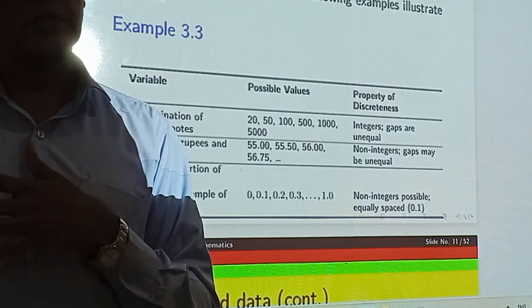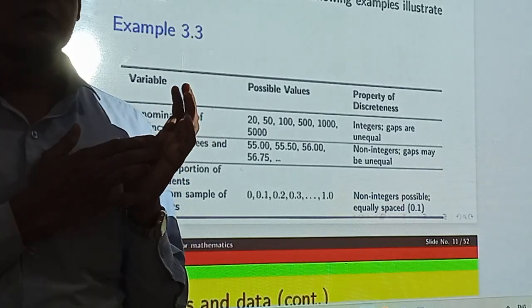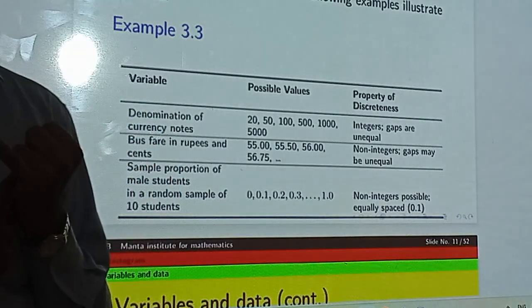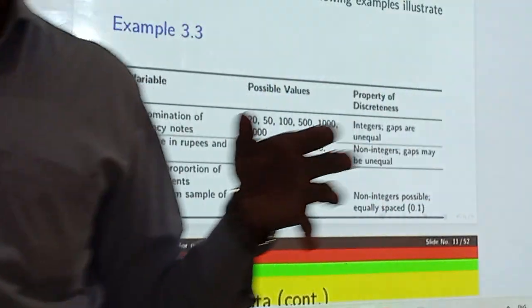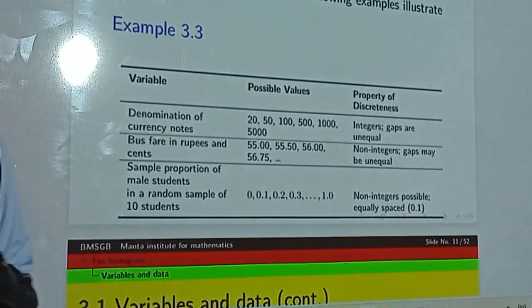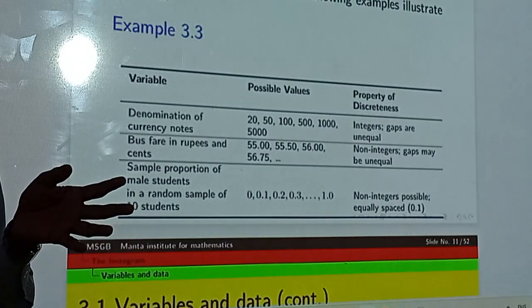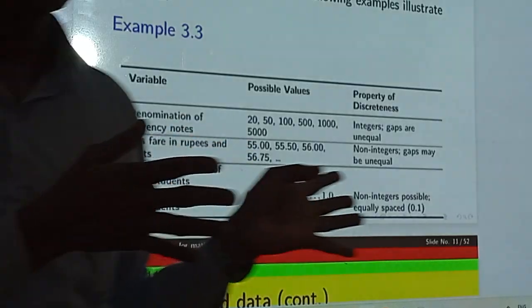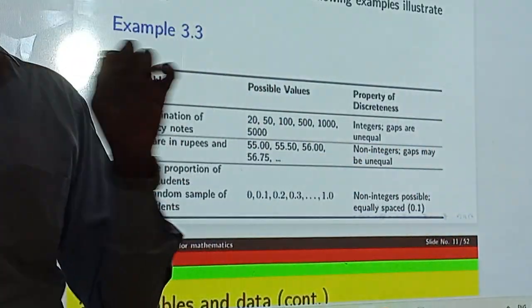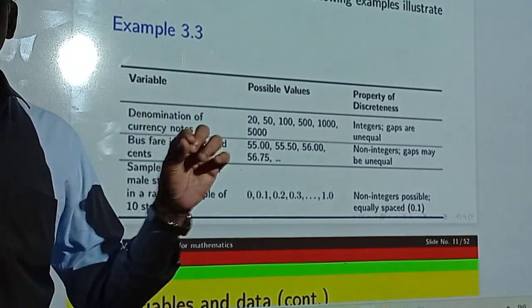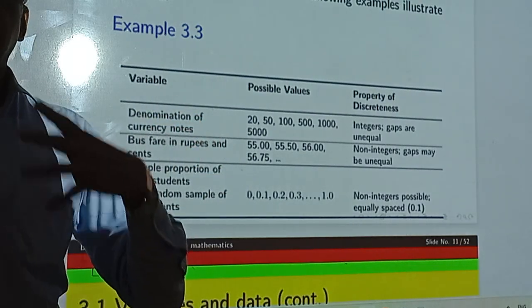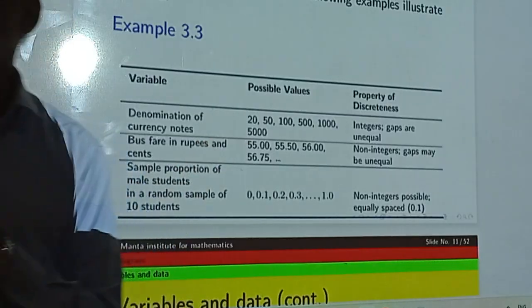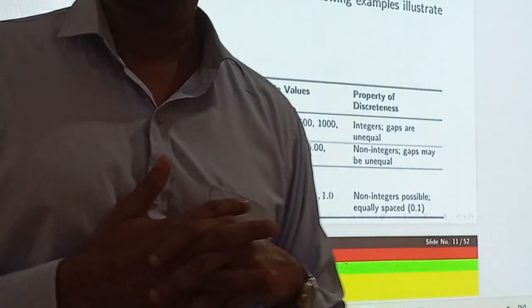So therefore the proportion can be 0 divided by 10, 1 divided by 10, 2 divided by 10, 3 divided by 10 and so on. Those are the possible values for the proportion of male students. So they are not whole numbers, they are decimals. Just because it is decimal, it doesn't have to be continuous. The set of possible values here is a countable set.